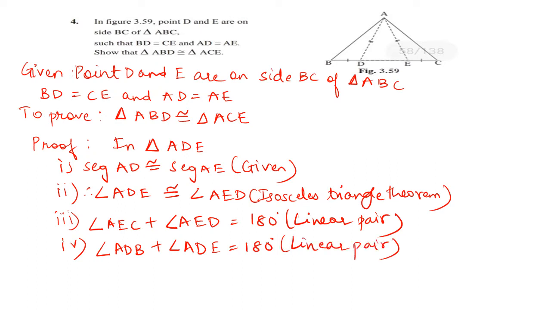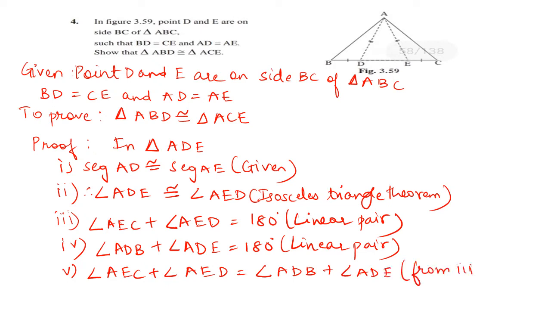So now you can see in the third and the fourth statements that the right hand sides are equal, so automatically the left hand sides also become equal. So let's write that angle AEC plus angle AED is equal to angle ADB plus angle ADE. This is from 3 and 4. We have already proved that angle ADE is congruent to angle AED.